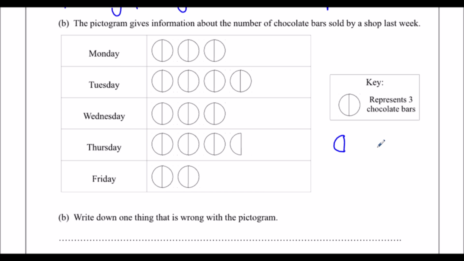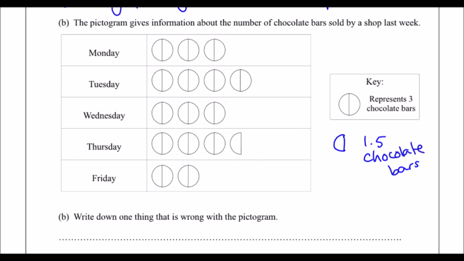So half a circle would be 1.5 chocolate bars. So it's not possible to sell 1.5 chocolate bars. It's not possible to sell half a chocolate bar. So on Thursday here, we haven't got a whole number of chocolate bars sold.